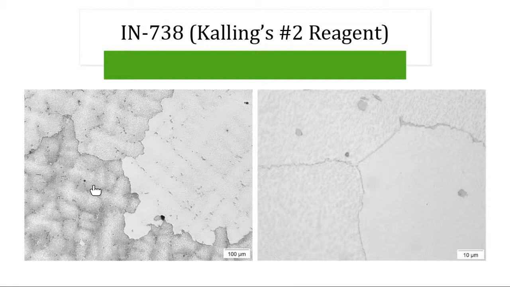The features that you see within the grains are what we call dendritic structures. So you have coring occurring. You see this brighter feature in the center, and then it darkens around here.